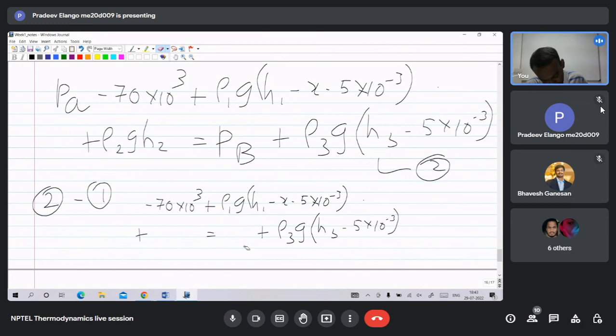PB will get cancelled out because it is the same, and here the rho g H1 part, H1 will go off, and then similarly on the right hand side we have rho g H3, this H3 will also get cancelled. So we have these terms remaining.